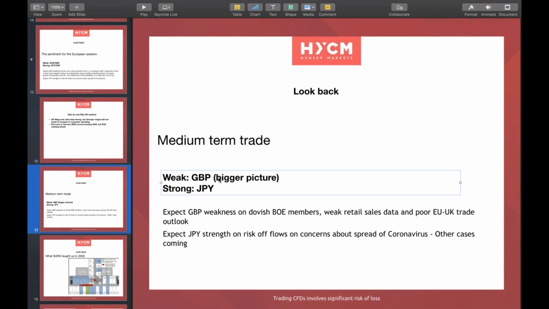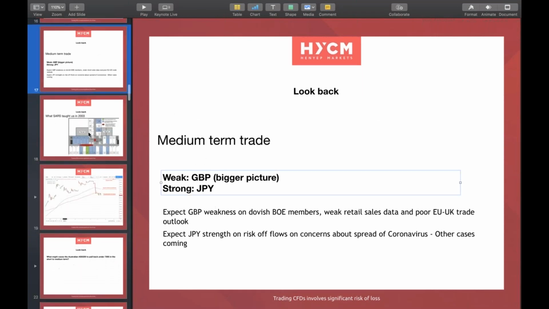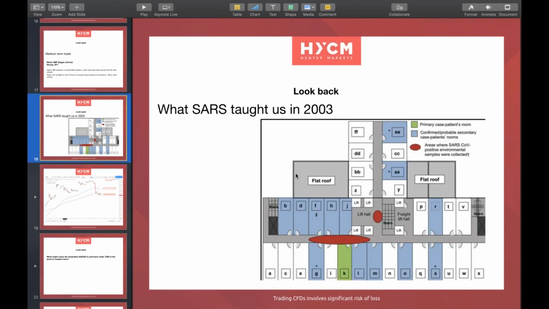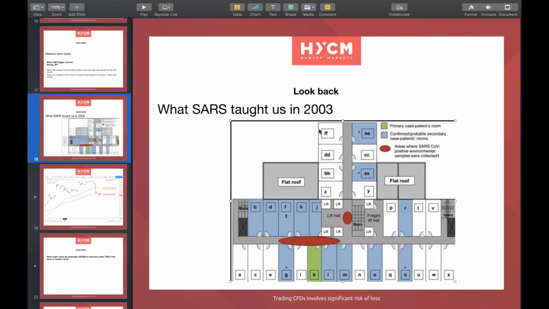Okay, bigger picture outlook. Remembering just what SARS taught us in 2003. Now, I came across a very interesting infographic. This coronavirus that is spreading, even as we're speaking now, there's more cases being released, right?